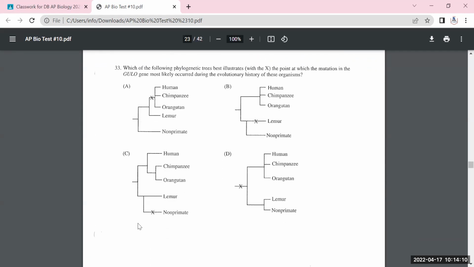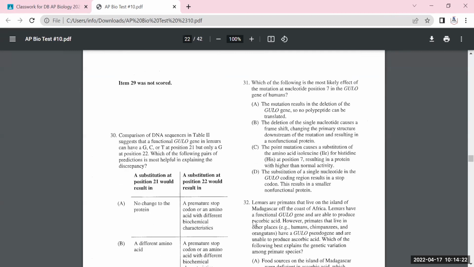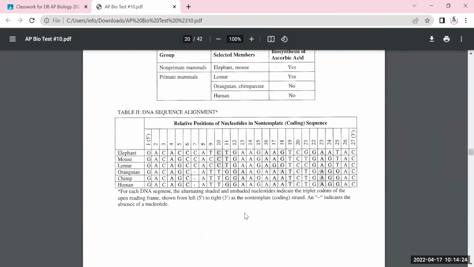Which of the following phylogenetic trees best illustrates the point at which the mutation in the gulo gene most likely occurred during the evolutionary history of this organism? Right, so which are the three that do not have the gulo gene? Orangutan, chimpanzee, humans, those guys are going to be together. They all have no gulo gene.